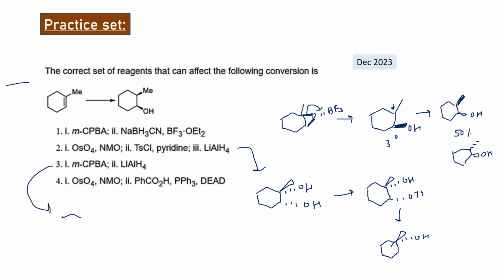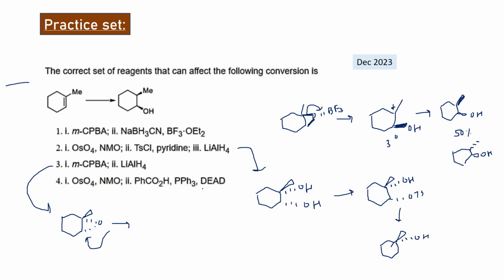If we add mCPBA, and then LiAlH4, it will attack the less hindered side, forming this as our product, which is not right.